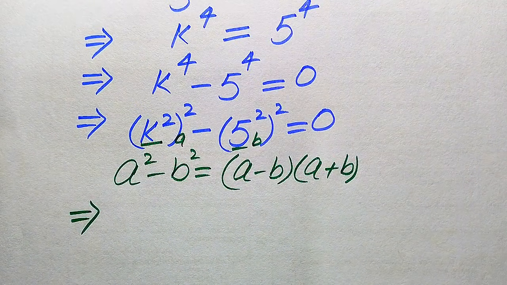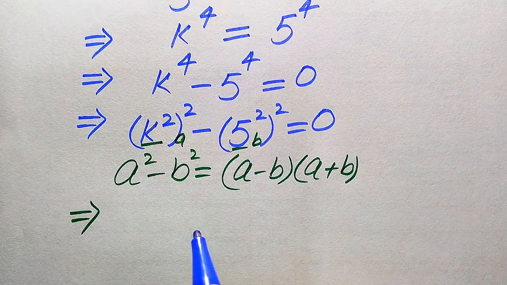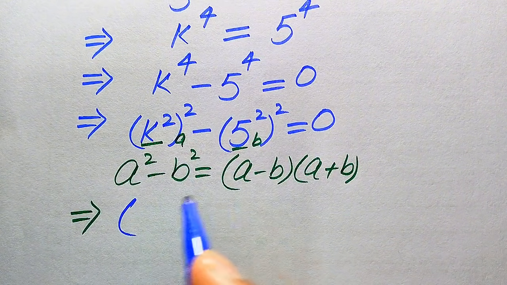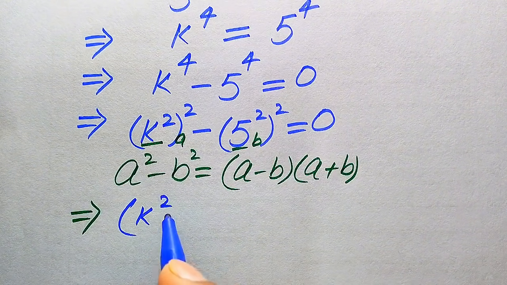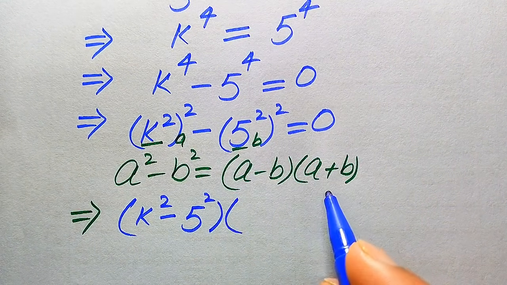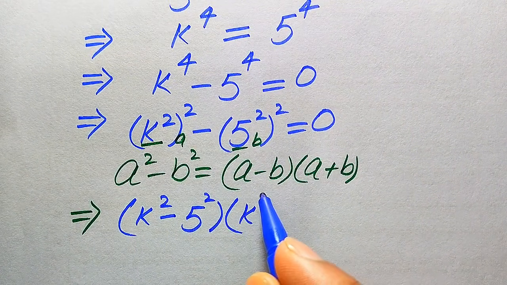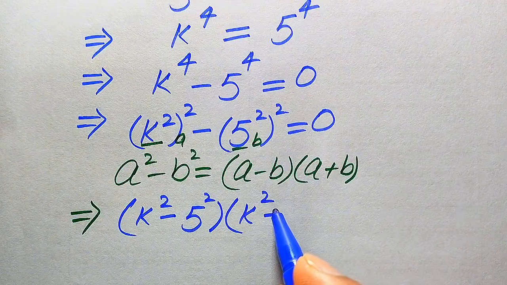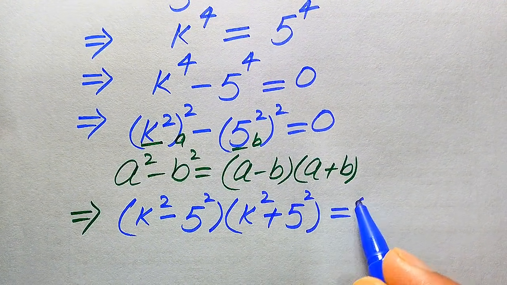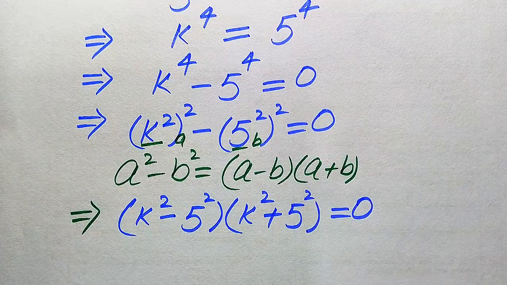So after applying this formula, it becomes a minus b, where the value of a is k square and the value of b is 5 square, into a plus b, where the value of a is k square and the value of b is 5 square, and this whole equation is equal to 0.